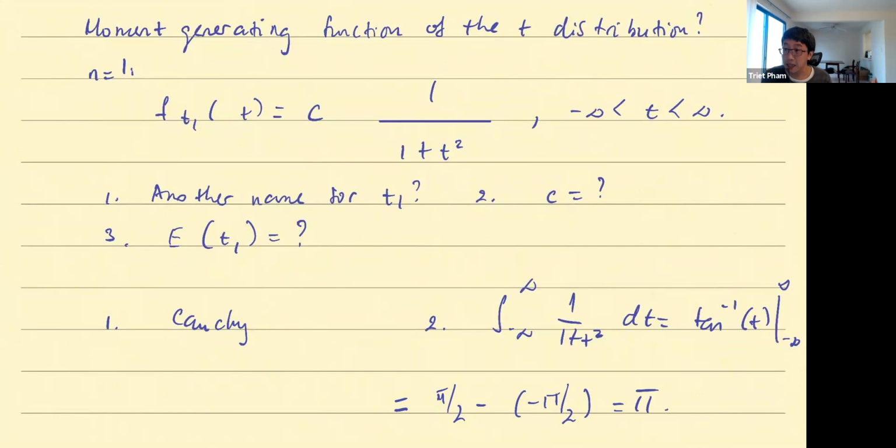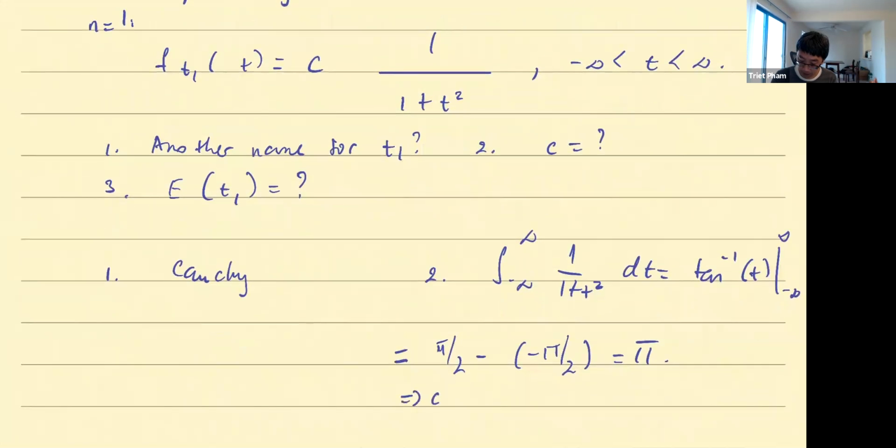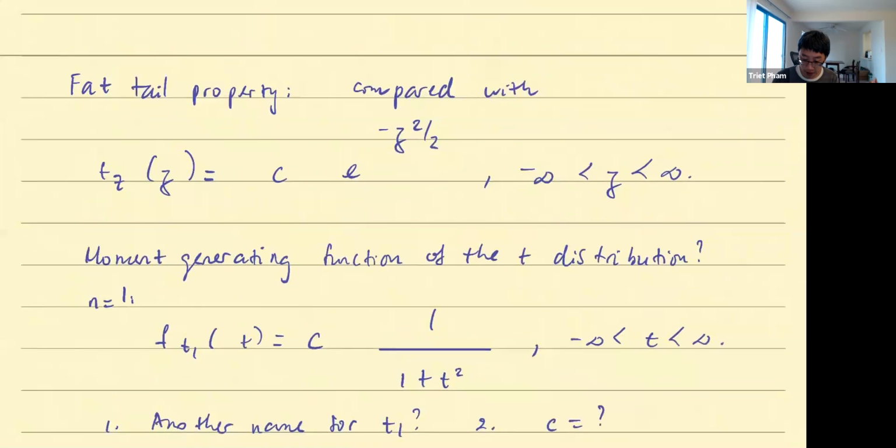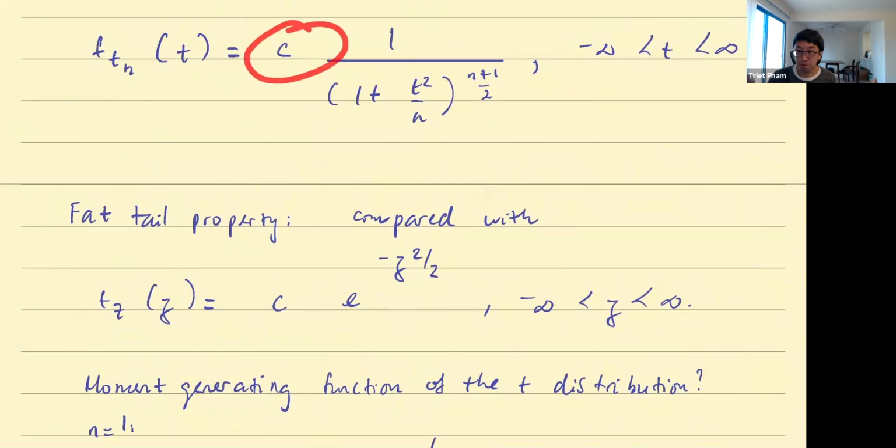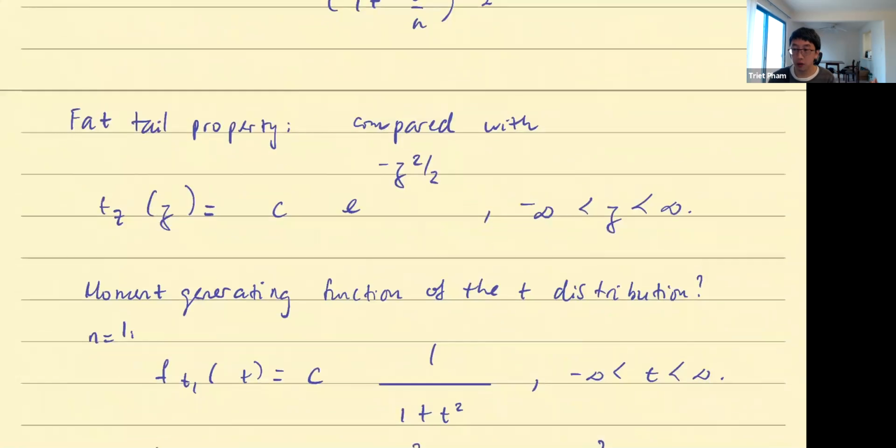So what is C? 1 over pi. And you see why I don't care to write down C in general. Some weird gamma thing that we don't care so much about.